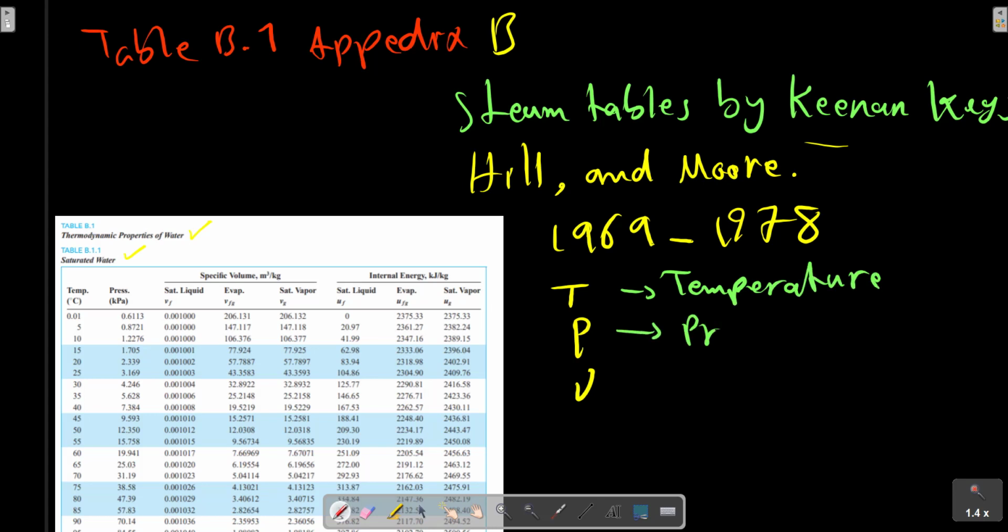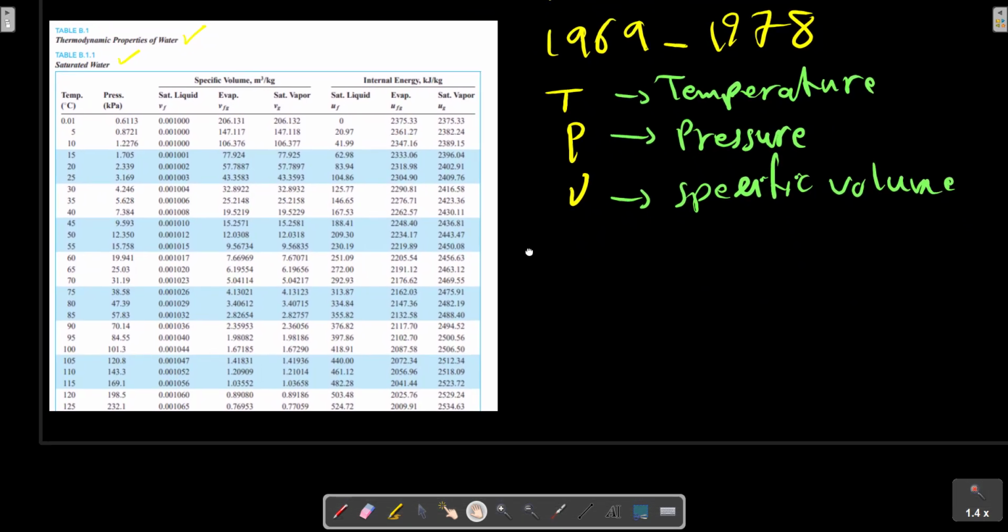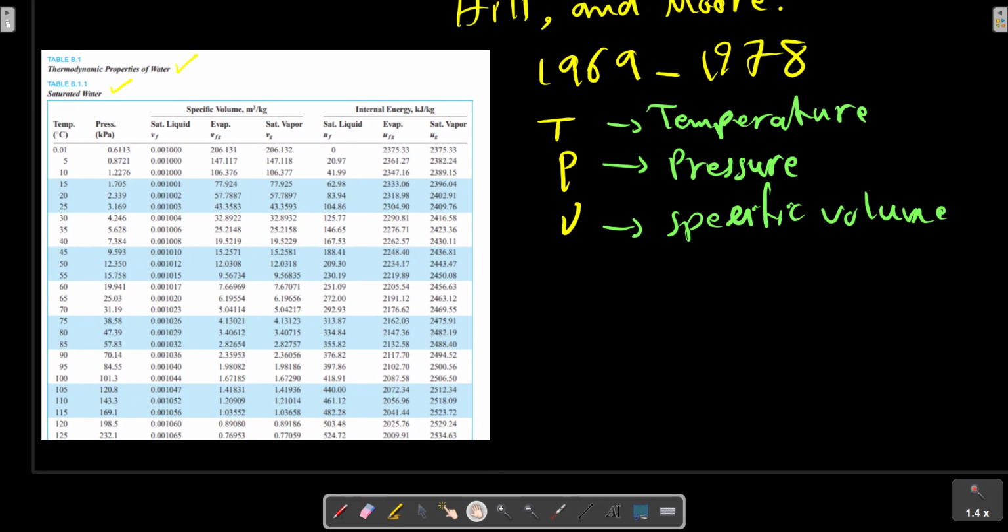Note that the other properties listed in the set of table B1, U, H, and S, will be introduced later. They are internal energy, enthalpy, and entropy, which will be discussed in later chapters.